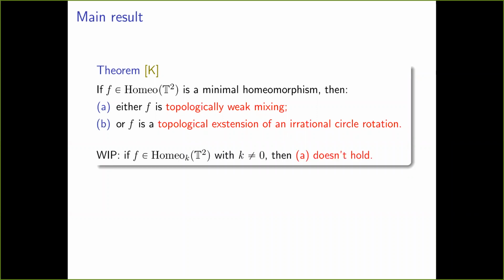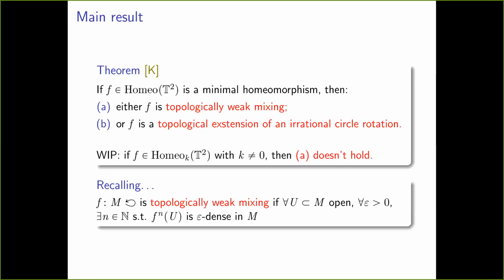In fact, this is a work in progress. It is not completely done. In the case that you are not in the identity homotopy class, you always have a topological extension of an irrational circle rotation. I have the whole strategy for this last part, but there are some details that I have to check. So let me recall what topologically weak mixing means.